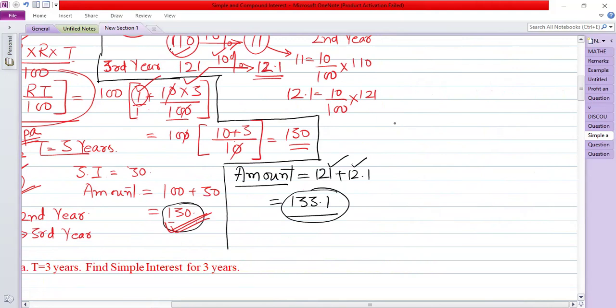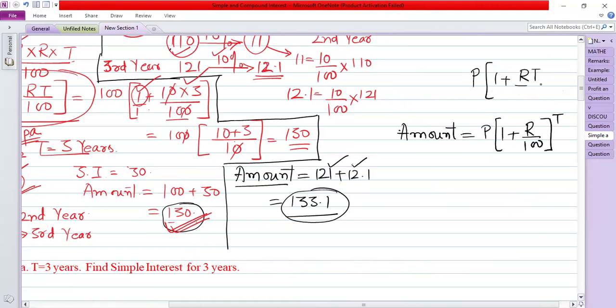The formula is P(1 + R/100)^T. In the case of simple interest, the formula is P(1 + R×T/100). So that is the formula for the amount in simple interest, and this one is the formula for the amount if our interest is compounded annually.